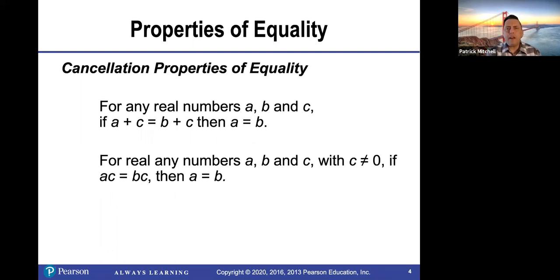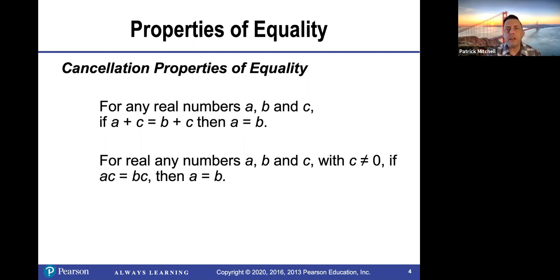Now these properties are really just the same thing. They're calling them by a different name. They're calling them the cancellation properties of equality because that's kind of how we use them. First one says for any real numbers a, b, and c, if a plus c equals b plus c, then a equals b.